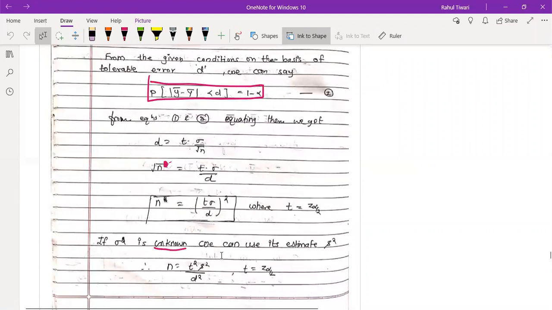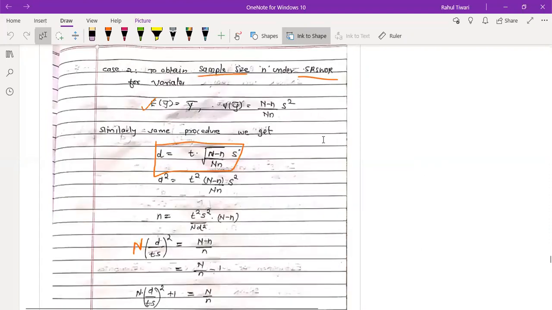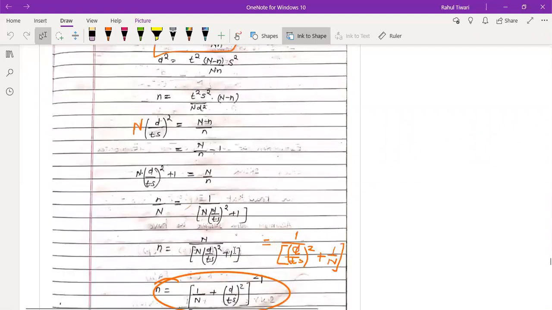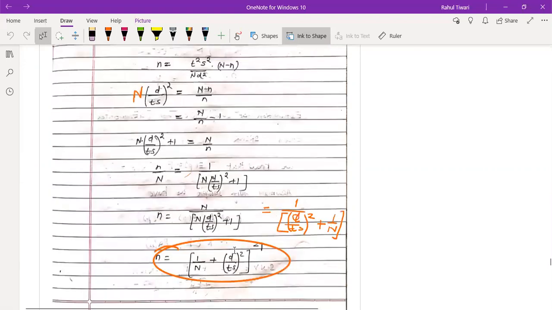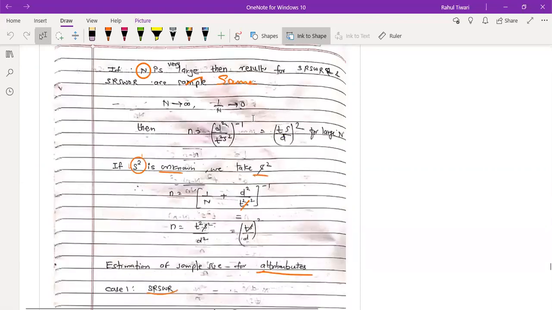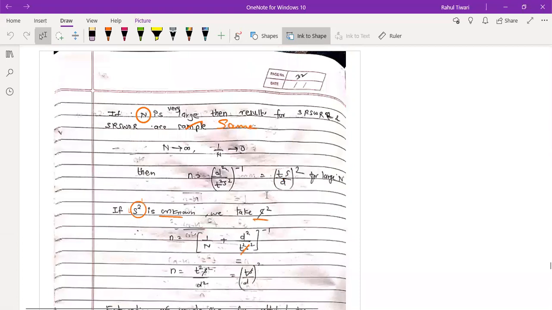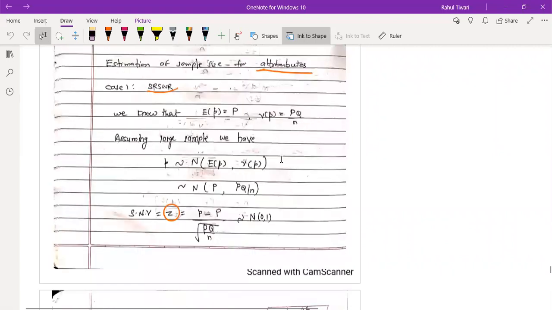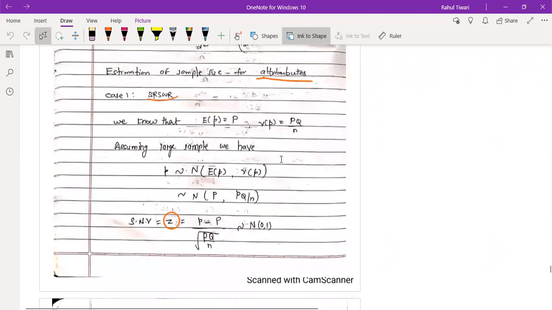Similarly, you have to do it for SRSWR and WOR, t into standard deviation. Simplify and you'll get the value of n from here. Similarly, if capital N is large, it tends to SRSWR. A similar procedure has to be done in the case of attributes.